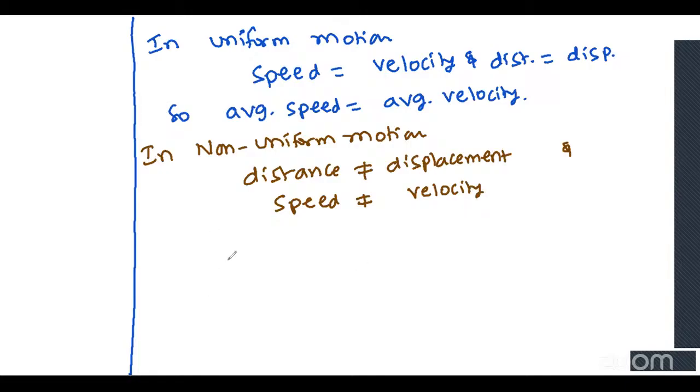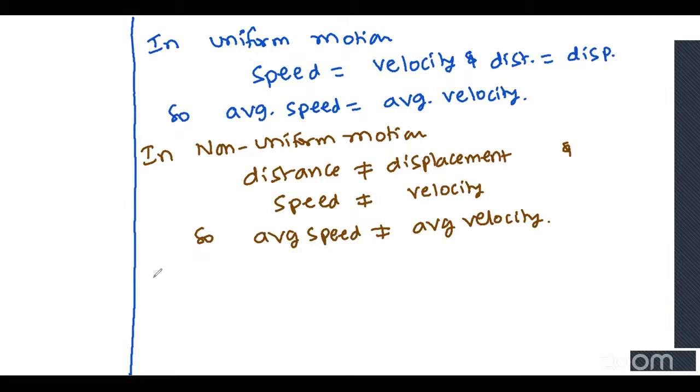So average speed is not equal to average velocity. Both are different in this case.